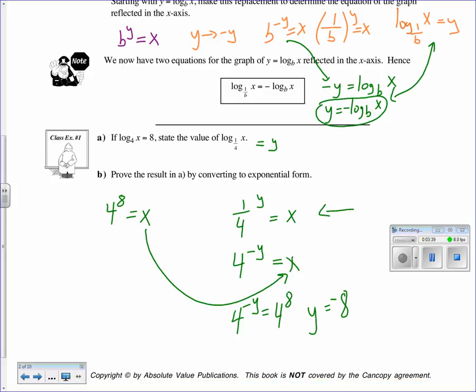And then I made my exponent change sign, or move the base up. And then I have what x is actually equal to in terms of base 4. So I have an x statement right here that says what x is equal to. And I've got an x statement over here. So those 2 statements must be equal to each other, which I've set equal to each other, and solve for y.